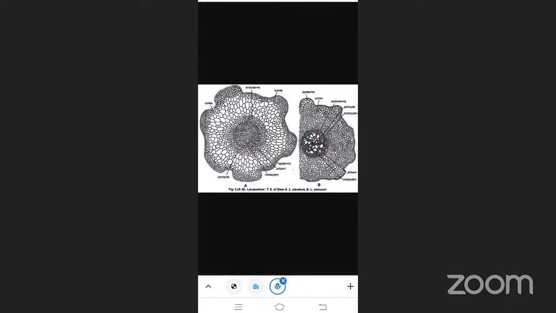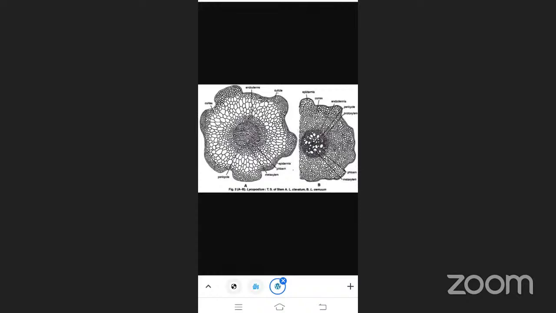Similarly, here the Lycopodium stem has epidermis, cortex, and stele. The epidermis is a single layer in thickness, and its outer wall is cutinized. It is a protective layer, with a cutinized layer upon it. Stomata are also present.